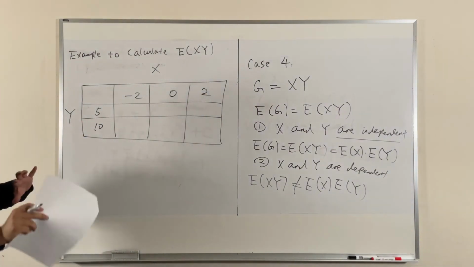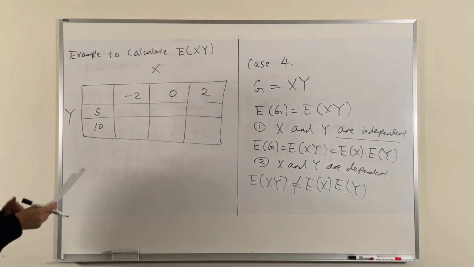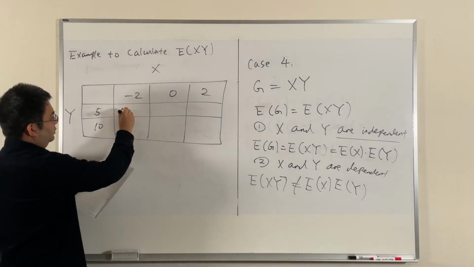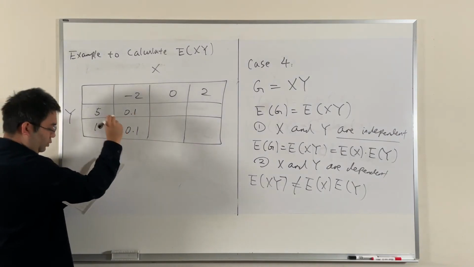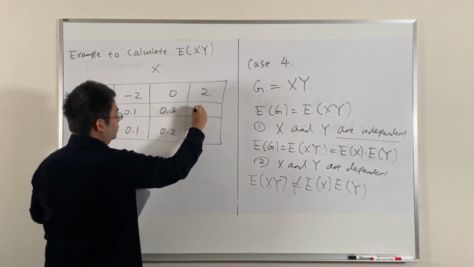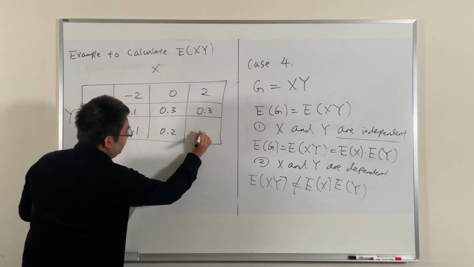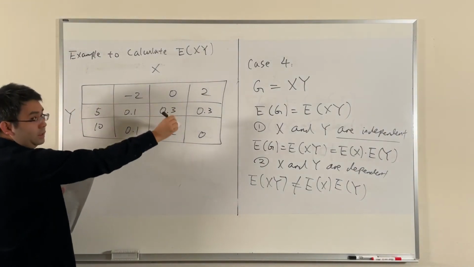These are the possible values y can take on and x can take on. And then I'm going to put 0.1, 0.1, 0.3, 0.2, 0.3, and 0 here. These are what we call joint probabilities, right?